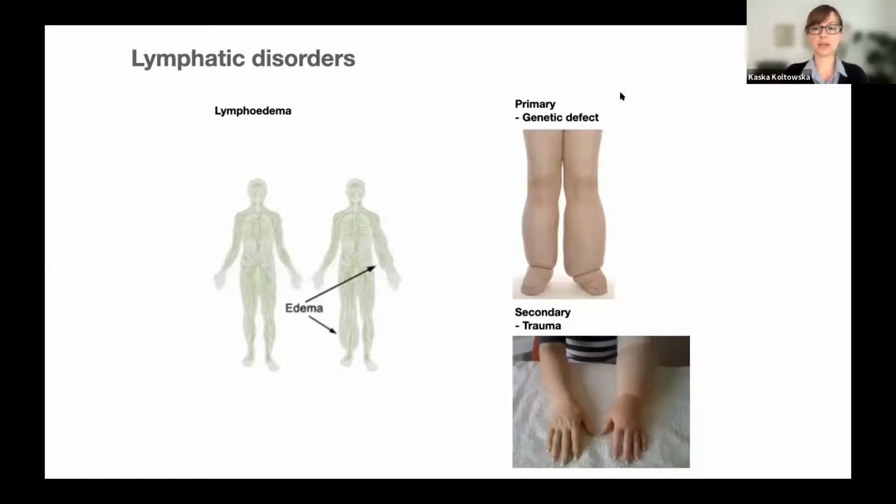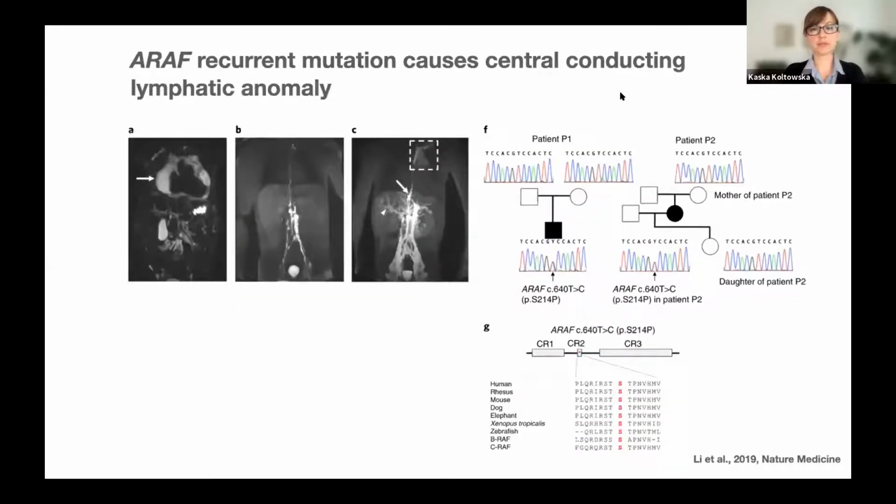And just to highlight why zebrafish is quite a powerful model to study lymphatic vessel formation and its relevance to human diseases, I think this is a very elegant example that really highlights the potential of zebrafish. This study is relatively recent, and a group of patients was identified that had a mutation in the RF gene.